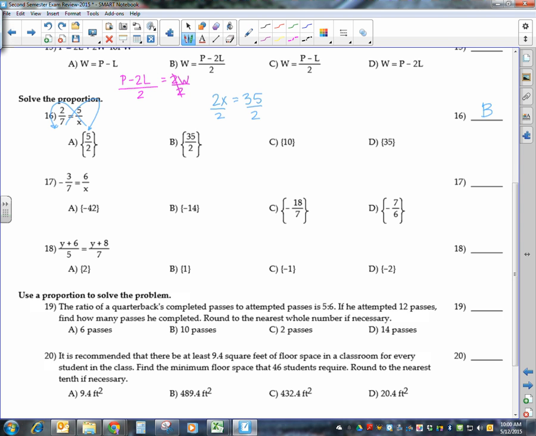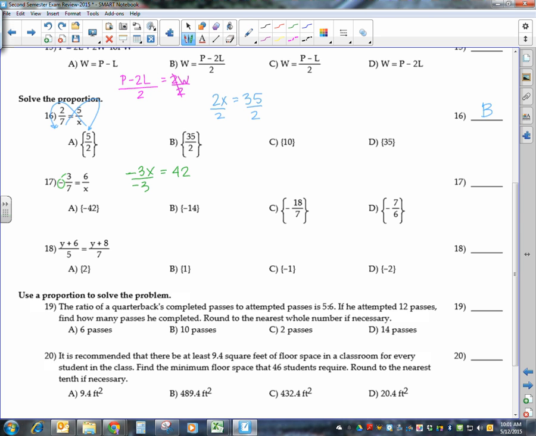All right, number 17. Again, cross multiply. Now this negative may cause you some trouble. It goes with the top or the bottom. It doesn't matter. Probably easiest if you put it with the top. So x times negative 3 is negative 3x, and 7 times 6 is 42.